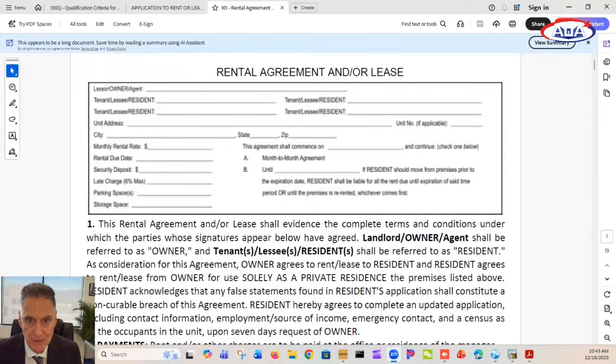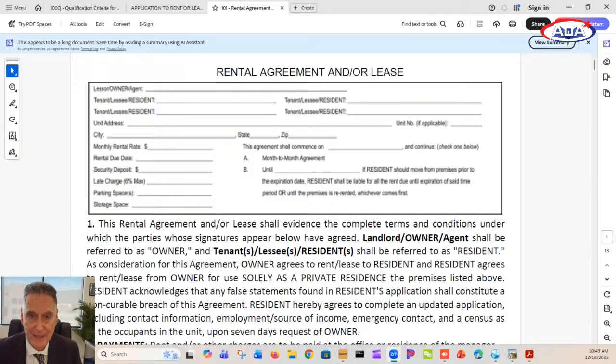You also want to make sure that your rental agreement has a phrase in it that states repair requests, except for emergencies, must be in writing. That repair requests, except for emergencies, must be in writing to the landlord, either by email or by text or by actual physical letter.